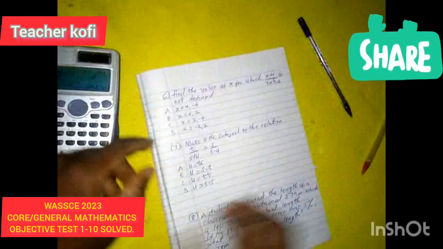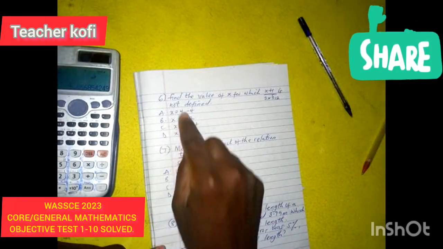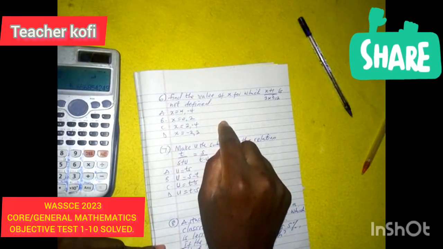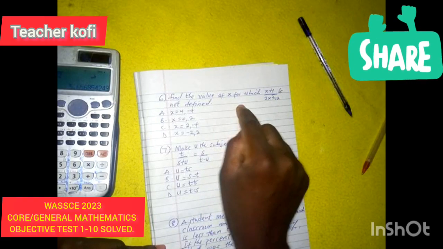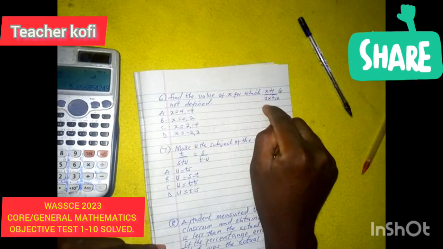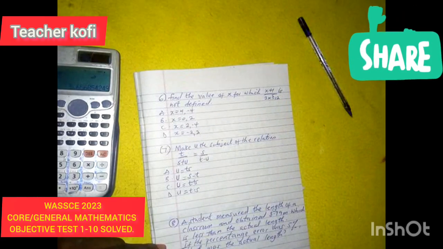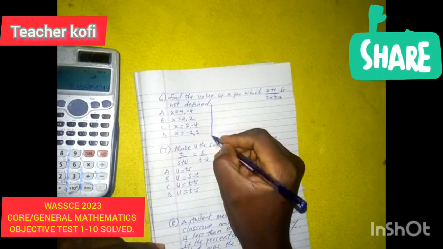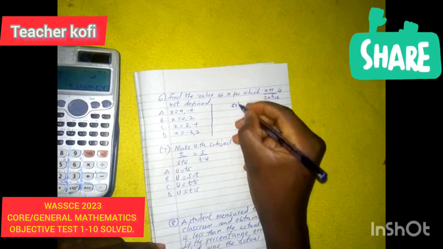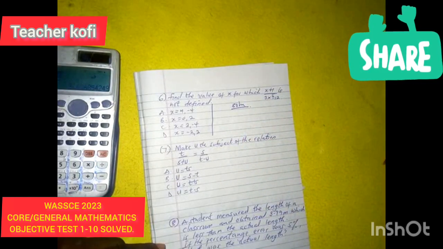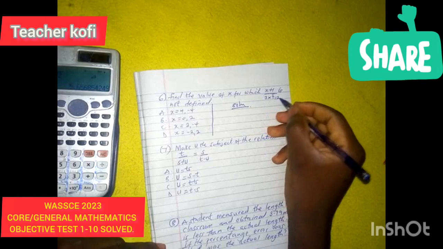So let's go to question 6. Find the value of x for which x plus 1 over 3x squared minus 12 is not defined. To solve for this, what makes this relation not defined is the denominator.